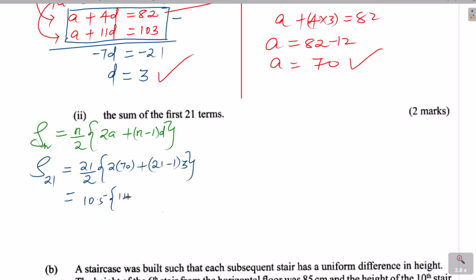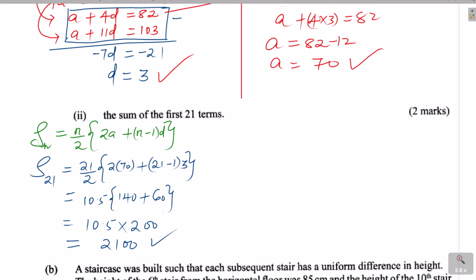This is 140, plus this will be 20 multiplied by 3, which is 60. Then you shall have 10.5 multiplied by 200. 140 plus 60, that is 200. And when you multiply these, you will get 2100. So 2100 is the sum of the first 21 terms.